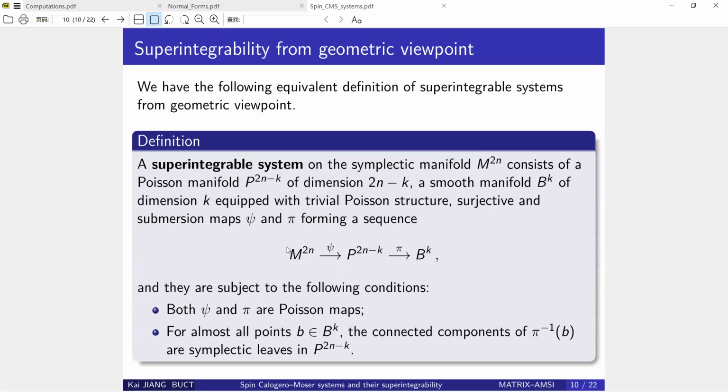So if we have a manifold M^2n, a Poisson manifold P, and a trivial Poisson manifold, with the two Poisson submersions psi and pi, then we also get a superintegrable system. This is the equivalent definition.